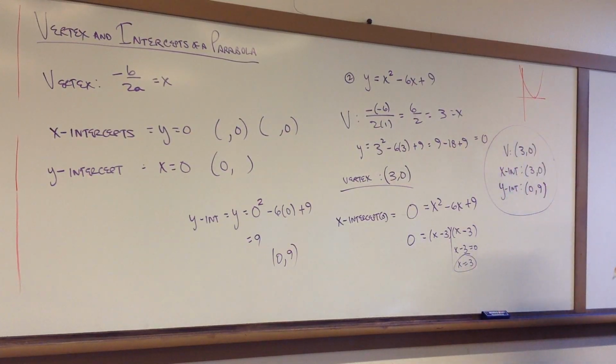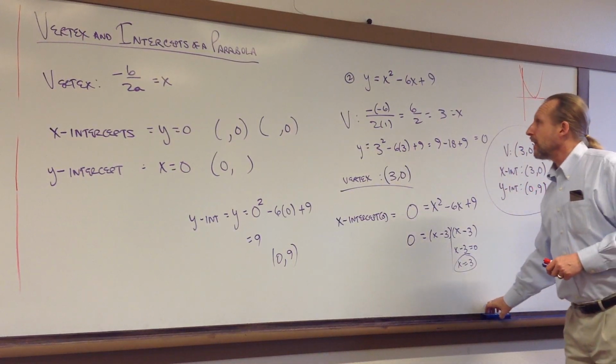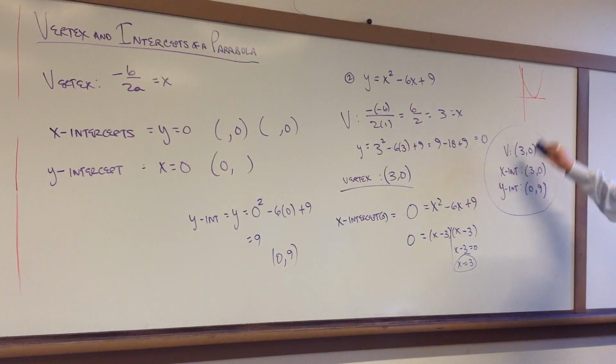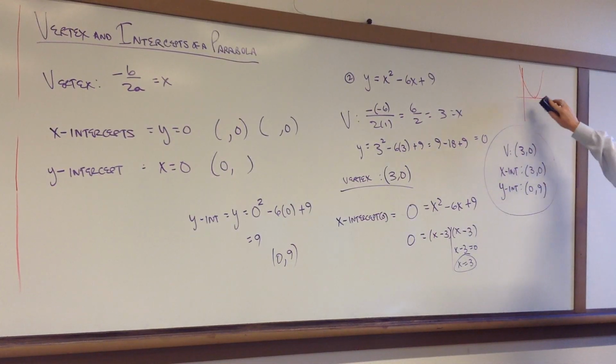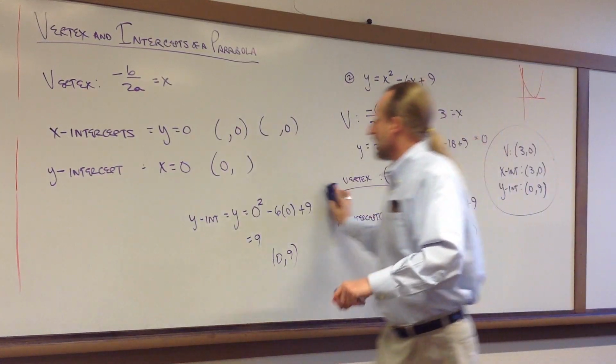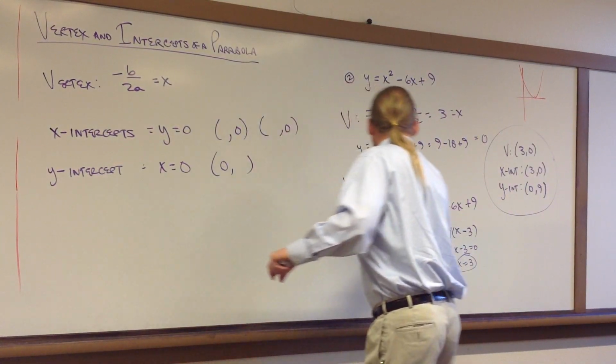That's it for problem 2. In this one, we had just a single x-intercept, but we found the vertex and the y-intercept as well. And in problems where you've just got one x-intercept, that's also usually going to be the vertex.